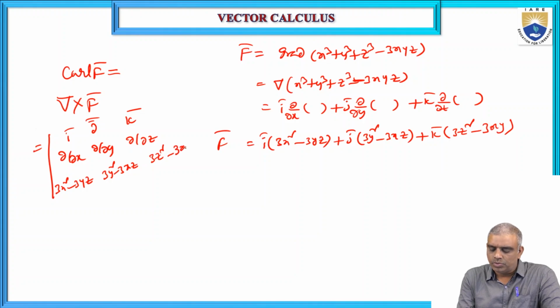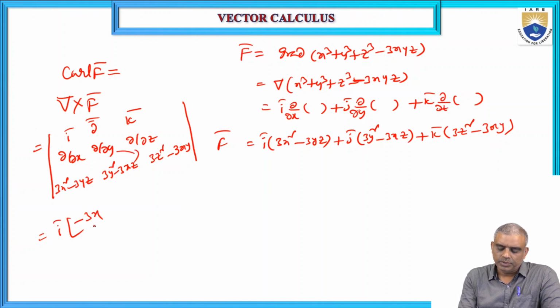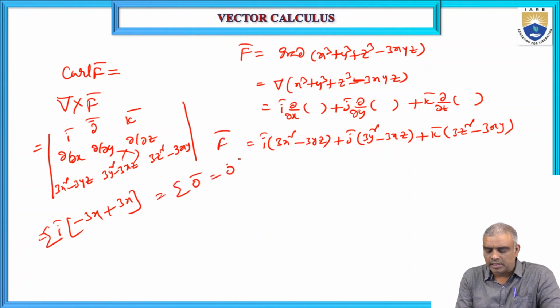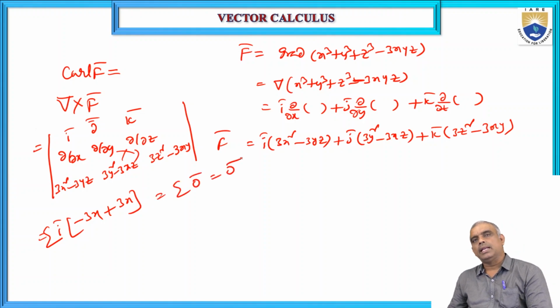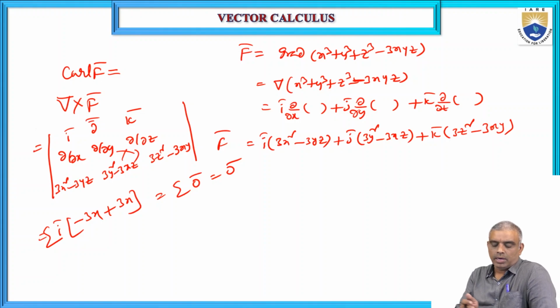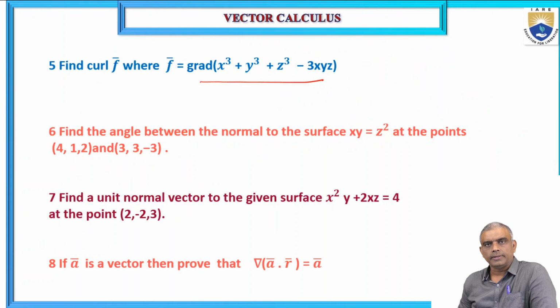The i bar term is ∂/∂y of this minus 3x, minus ∂/∂z of this, that is plus 3x. It is symmetrical, so you can use sigma notation, and the sum is 0 bar. The curl grad phi is always 0, and here also you can show that curl grad phi equals 0 bar.